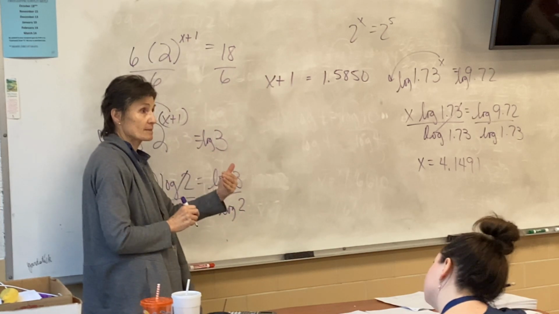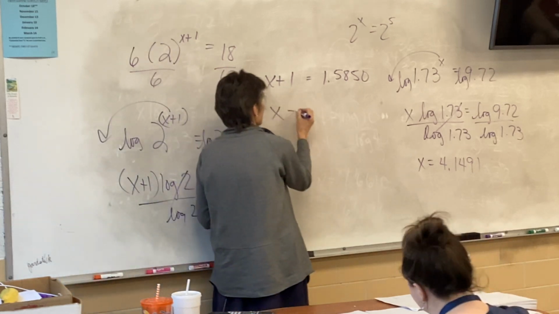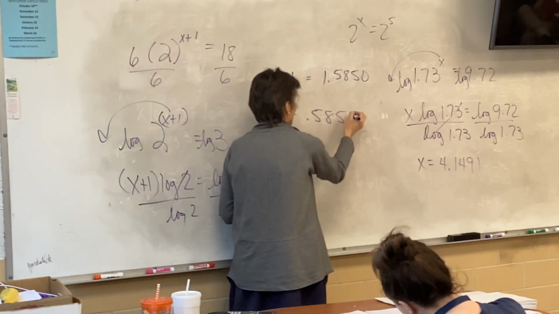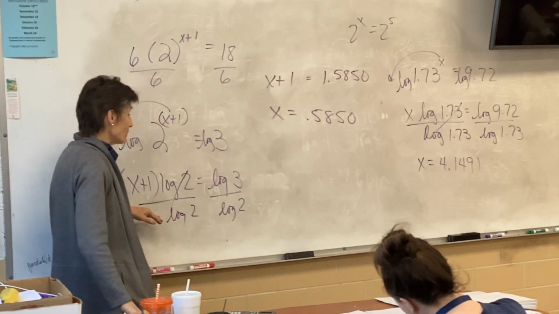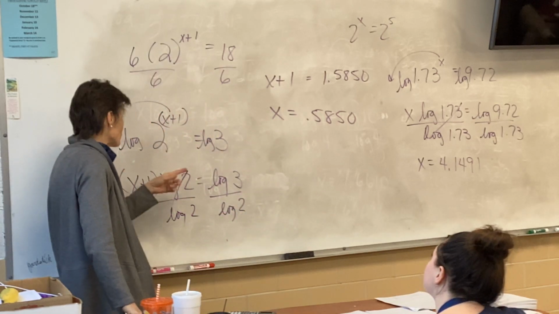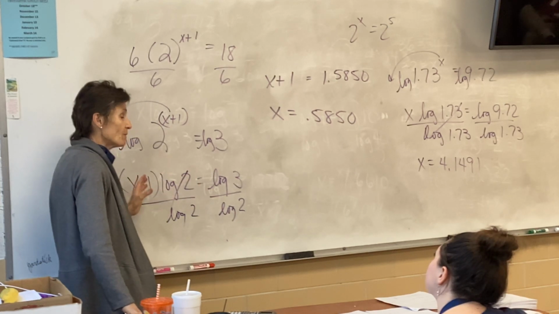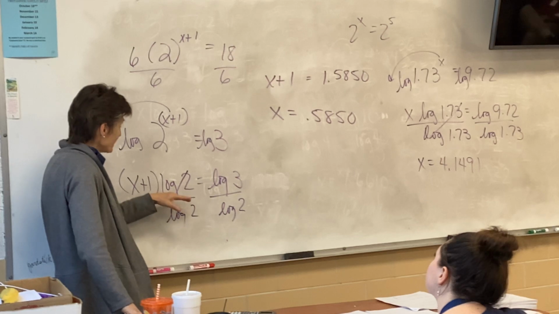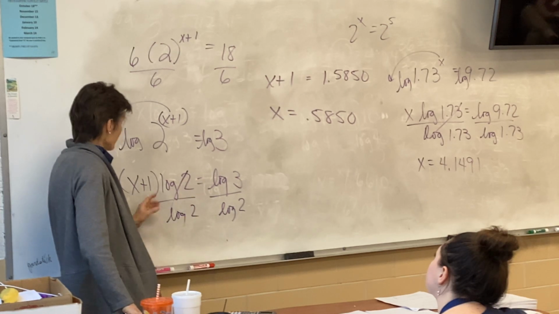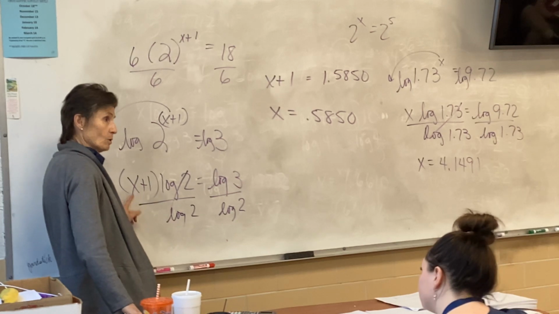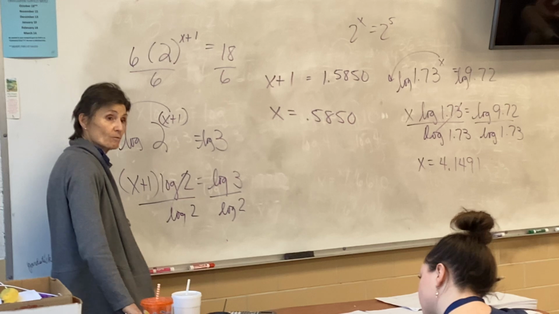To get x, I will subtract 1. So x equals 0.5850. So that is probably the easiest way for you to do this. You could also distribute, but then you just have more decimals to deal with. So I would probably just go ahead and divide by log 2, just like we've been doing. But then recognize that that equals x plus 1. So you gotta subtract the 1 to get your final answer.